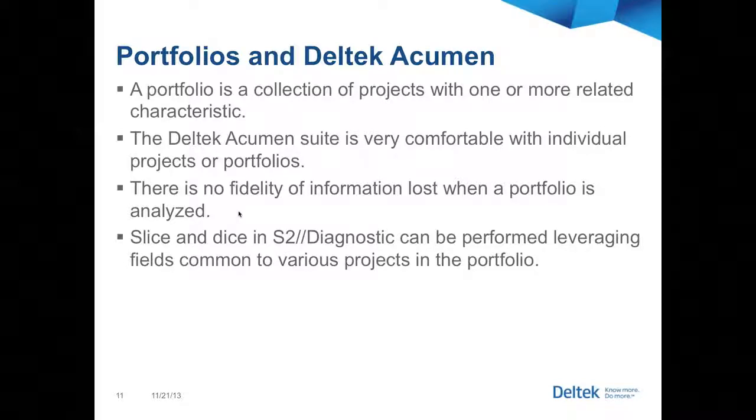If I code location on every activity, on every project in my portfolio, now I can do portfolio analysis by location, which transcends the individual projects. You'll see this visually in a couple minutes. I'm just trying to paint a mental picture here.